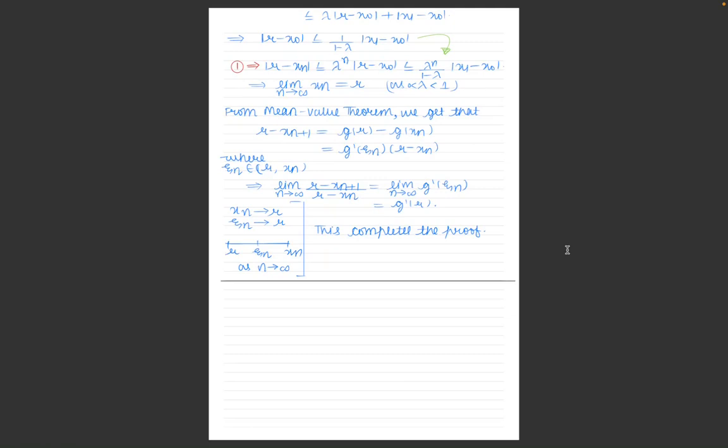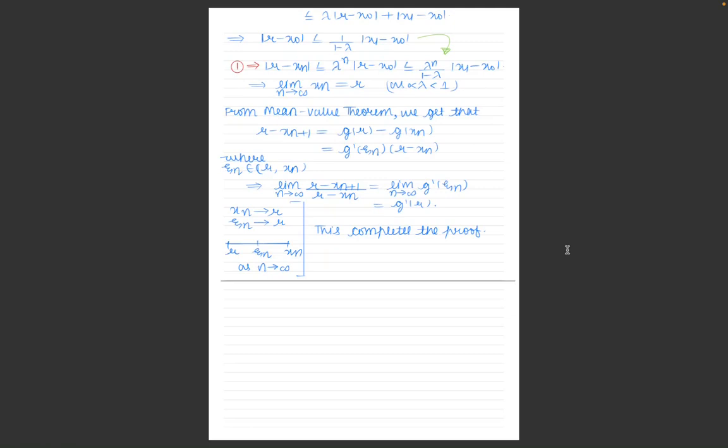So here we'll have lambda to the n by (1 - lambda) times |x1 - x0|. So this gives us this part of the proof. So we have proved one, uniqueness is still left. Then we have proved this part.